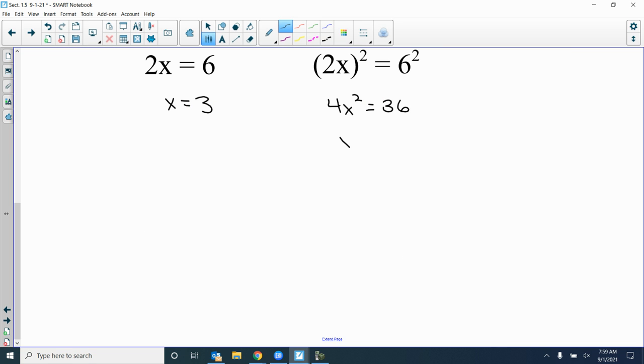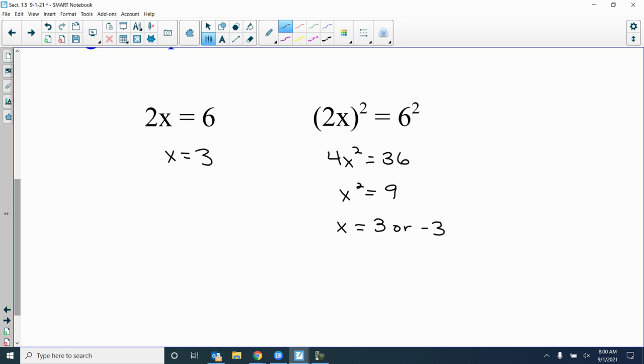If I divide by 4, I get x squared equals 9. And if I take the square root, what can x equal? 3 or negative 3. Negative 3 still works up here, because 2 times negative 3 is negative 6, and when you square it, you get 36. But clearly negative 3 doesn't work over here.